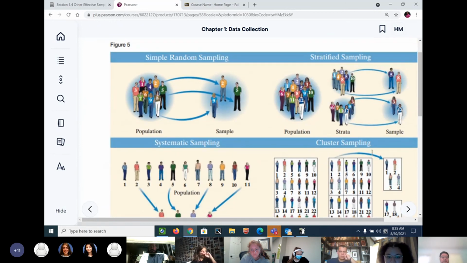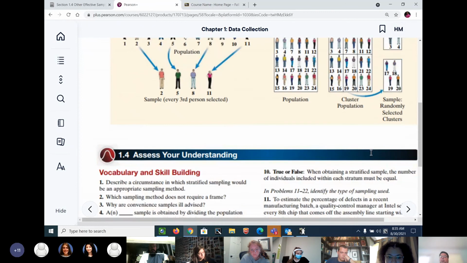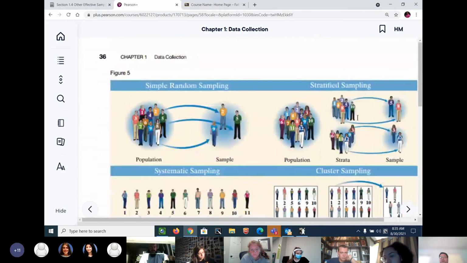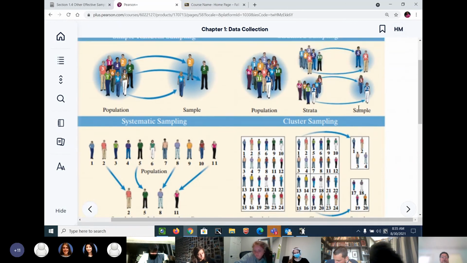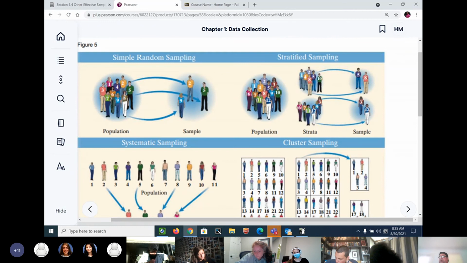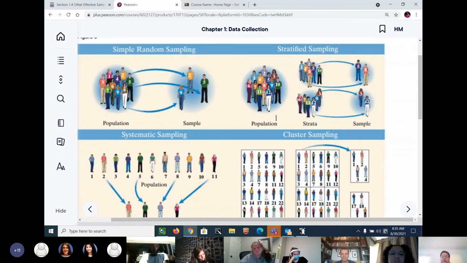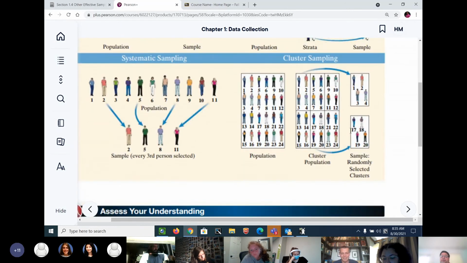What page is this? Page 36. Page 36 gives you an actual graphic picture of a random sample, systematic random sample, every other person or however the pattern is. A stratified sample, that would be like a school. And then this would be like a voting precinct.